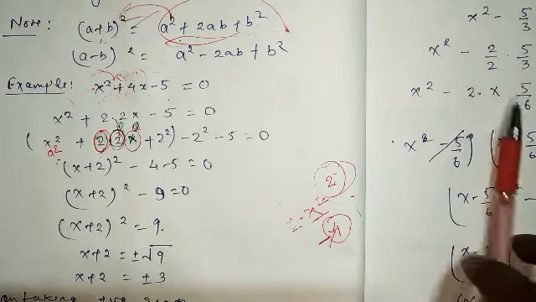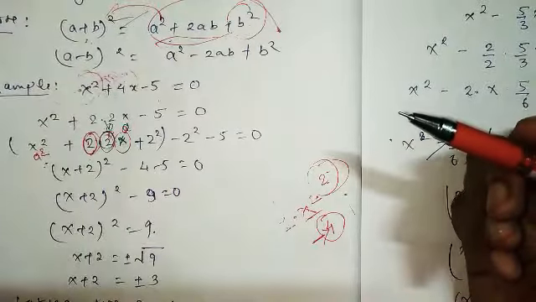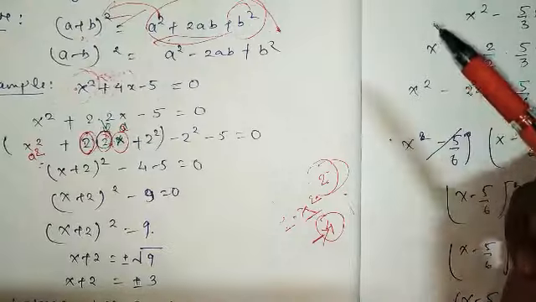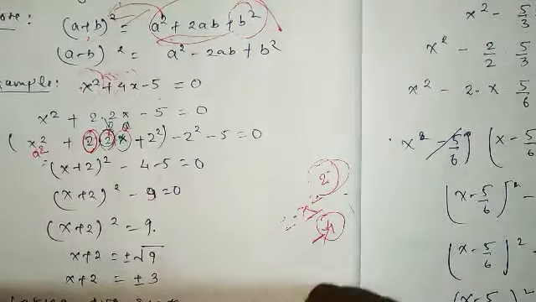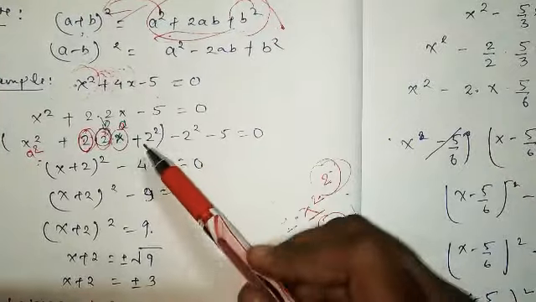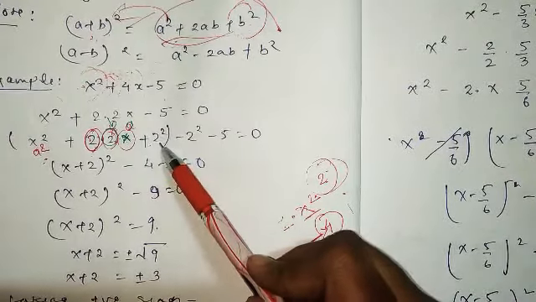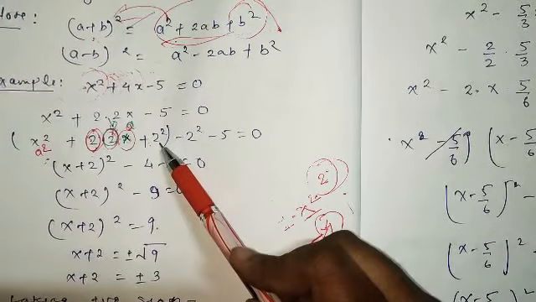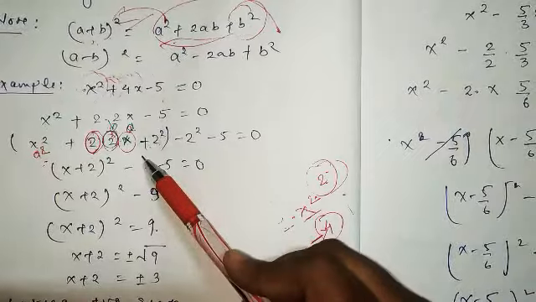Now see the last term in our formula. The last term is b square. So what is b here? B is 2, right? Now, listen carefully. We'll take b square, that is 2 square, with the plus symbol.